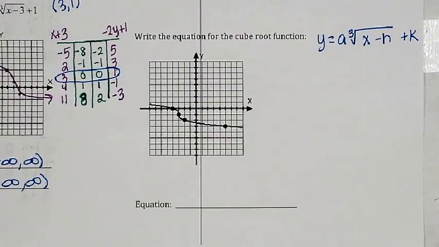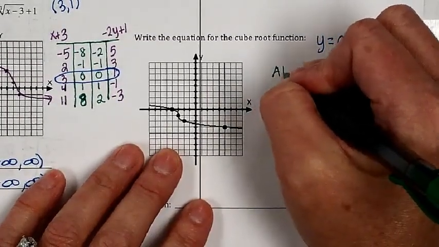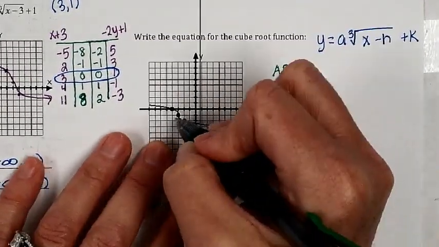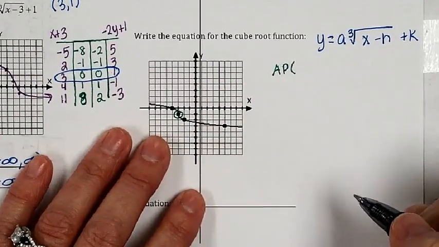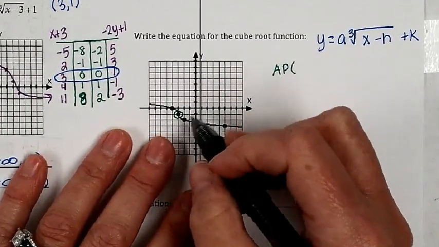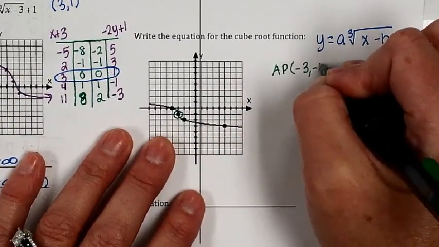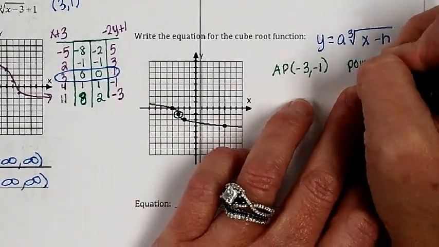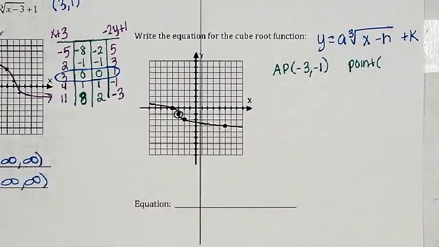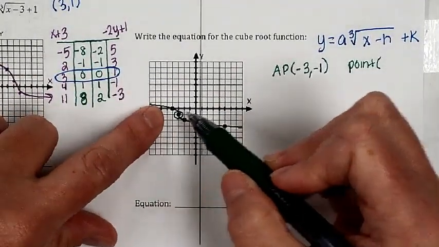Your anchor point is the one right here. So that is -3, -1. And we need another point. It doesn't matter which point you use. I'm going to use this x-intercept because I like to use where x or y is 0 when I can. So this will be -4, 0.